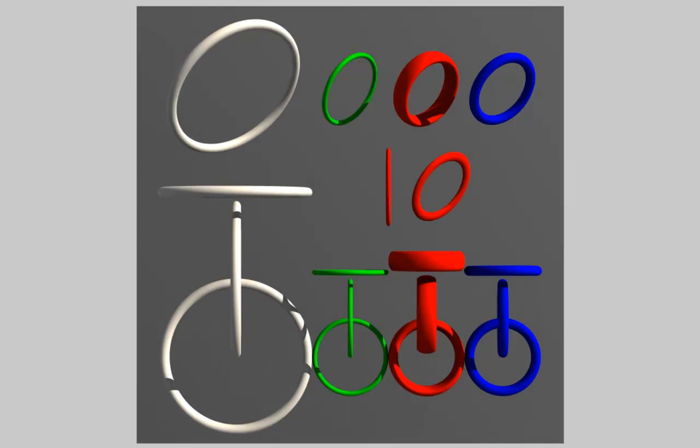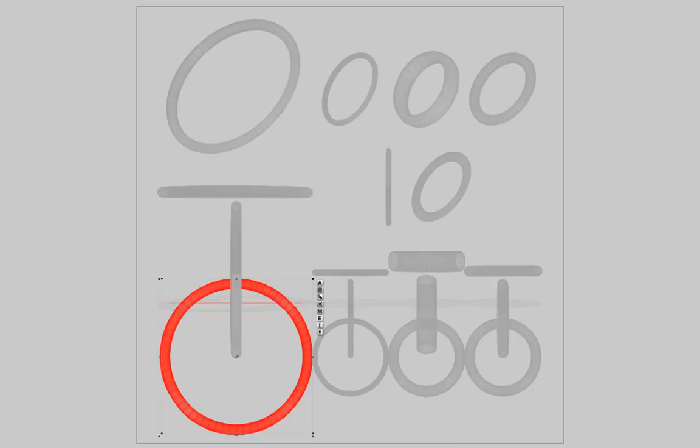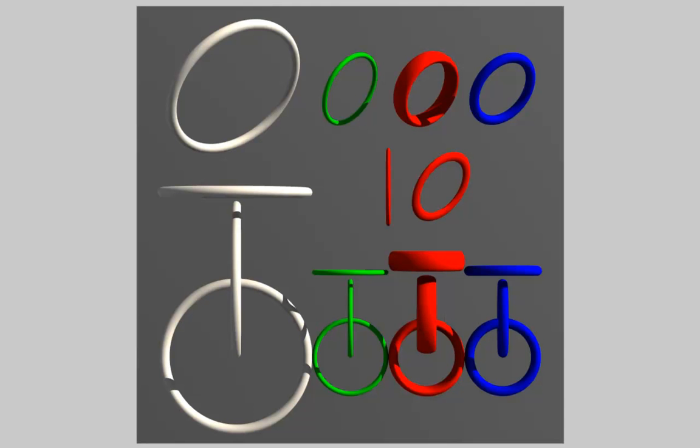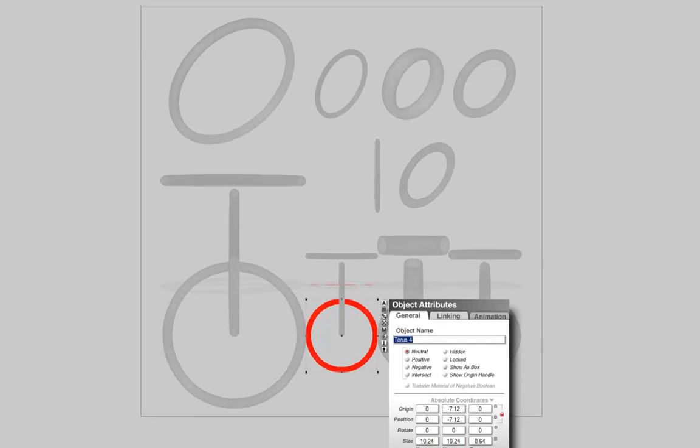The white torus is the default size with the ratio torus diameter to tube diameter increased to 16. X and Y are still 20.48. C is 1.28 because the radius is at 64. The green torus has been reduced in size to half using the resize tool.